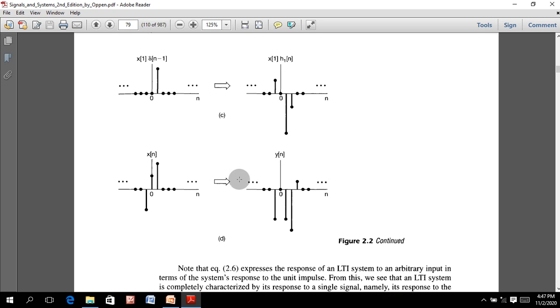Now this specific functionality of a linear time invariant system will be useful when we are going to design different kinds of digital signal processors or digital signal machines. It will be useful for this specific reason, because it's a linear time invariant causal system.